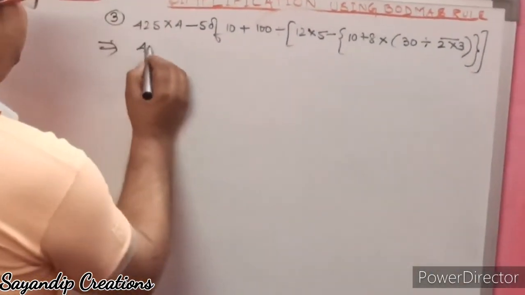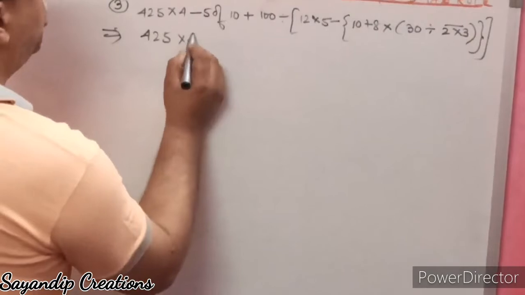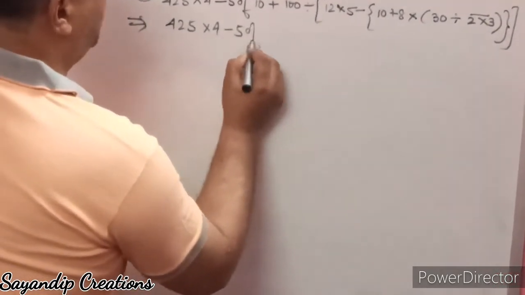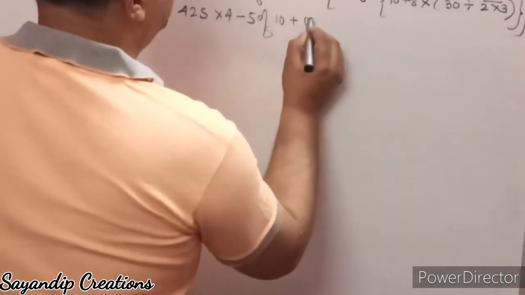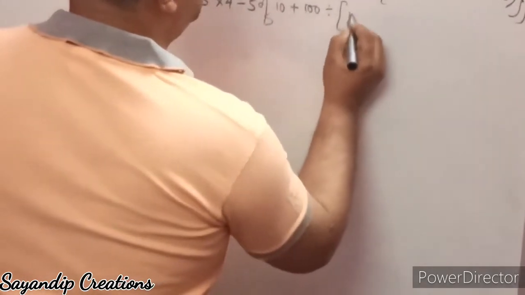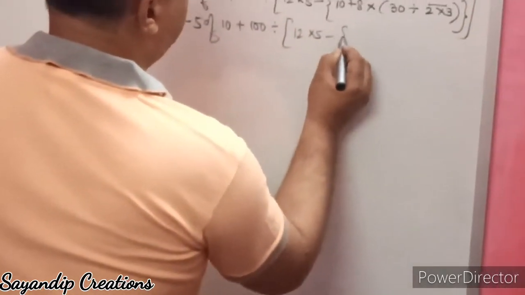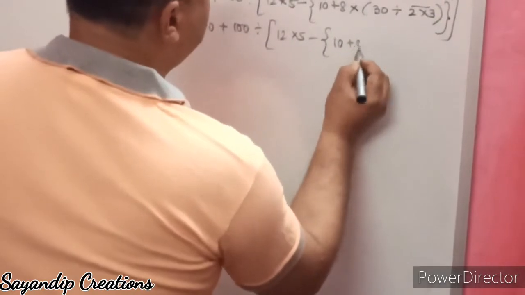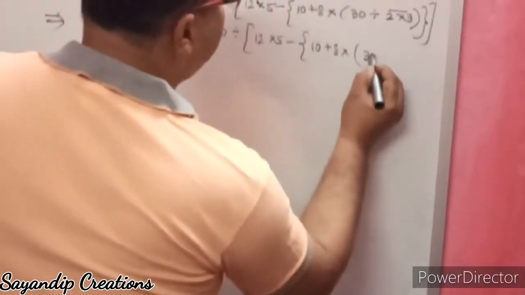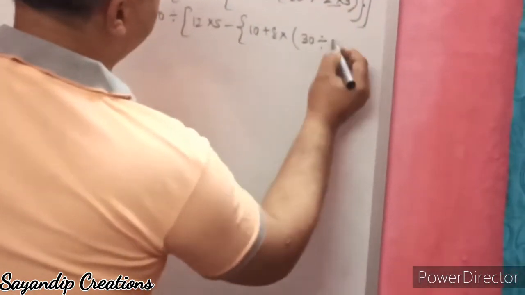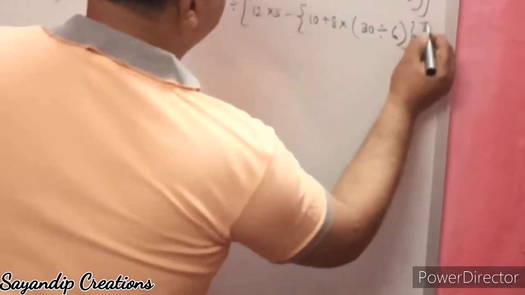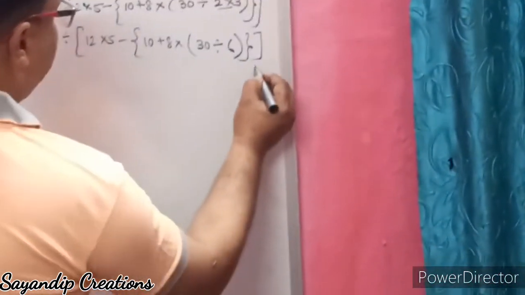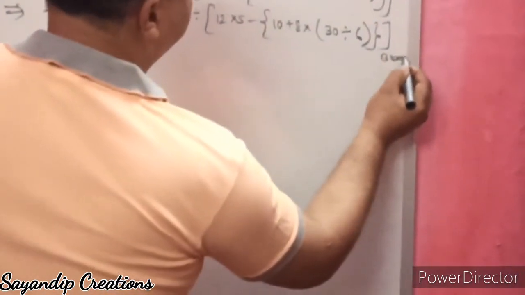So 425 into 4 minus 5 of, I will not do that first, I do the bracket work first: 100 divided by 12 into 5 minus 10 plus 8 into 30 divided by 2 into 3, first thing 6. Okay, BODMAS I am using here.